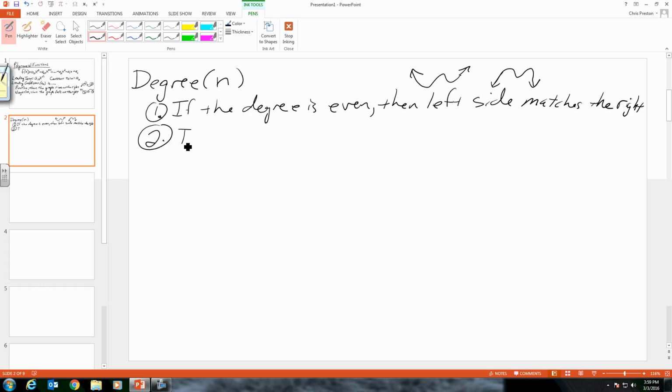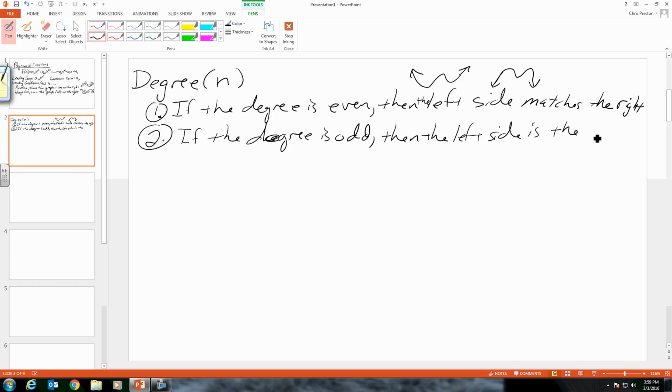Likewise, if the degree is odd, then the left side is the opposite of the right side.